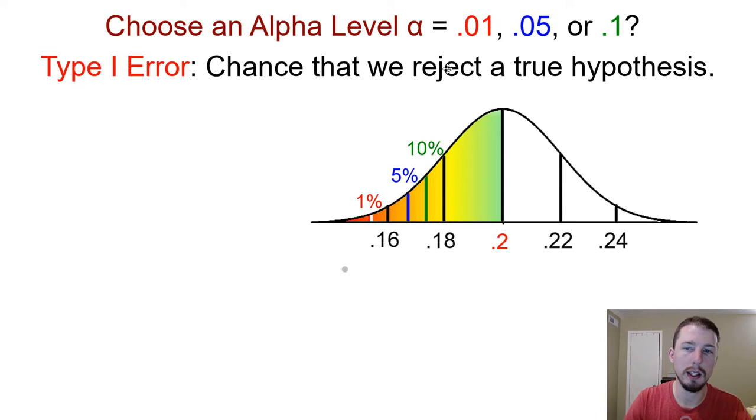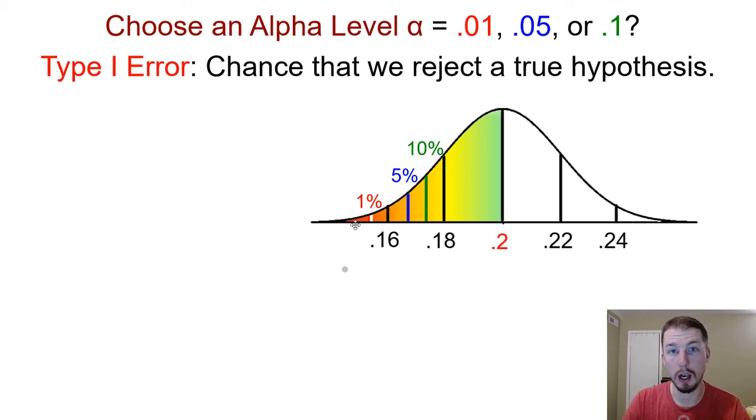Setting the alpha level to the top 1%, the top 5%, or the top 10 percent is setting the type 1 error. Those are exactly the same. A type 1 error is the chance that we reject a true null hypothesis. So if the null hypothesis is actually true and it's still 20%, then 10% of the time we could get a value out here just by random sampling variation. 5% of the time from here to the left, and 1% of the time from here to the left.